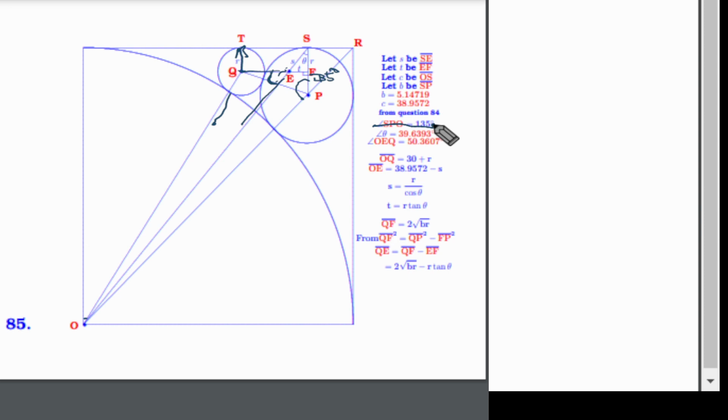Using this, we can make one equation using the law of cosines. Now, here, SP is, let's say, 5.14719 minus R.